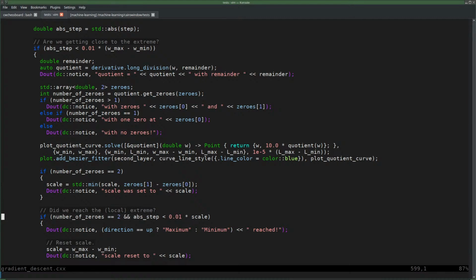Yeah, maybe I'm only doing that to get this scale value here. Up step is already known. Oh, I'll also need to know if there is 2 zeros. Yeah, I can't know that.